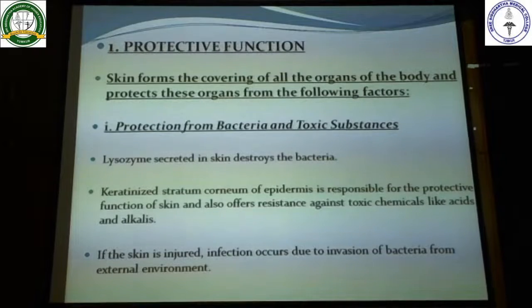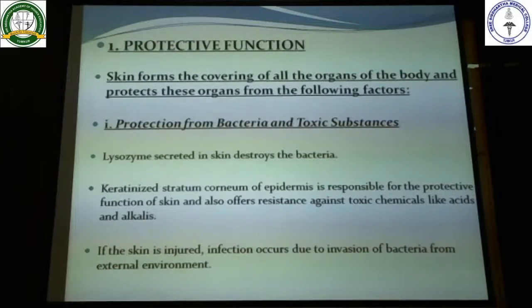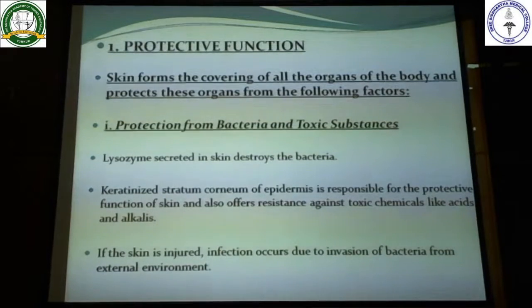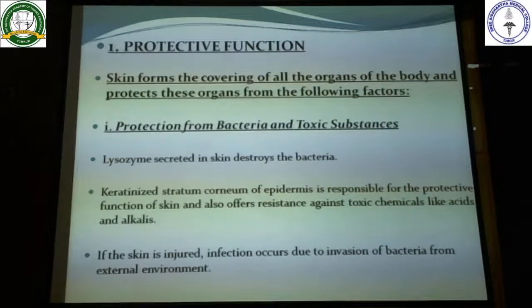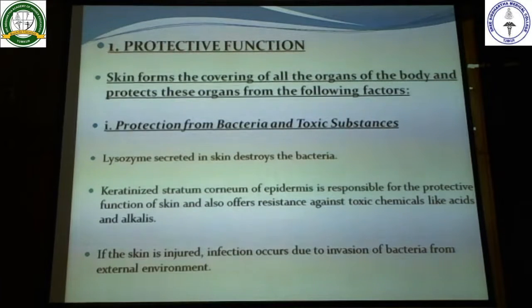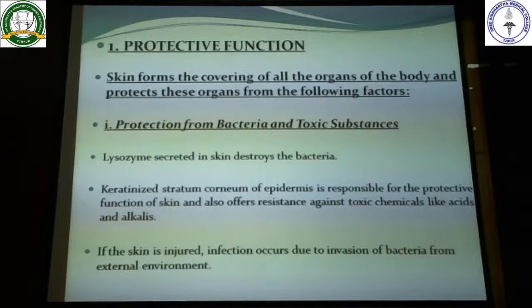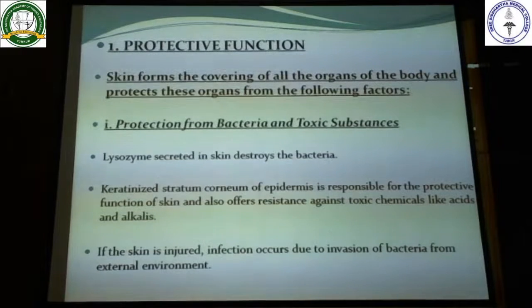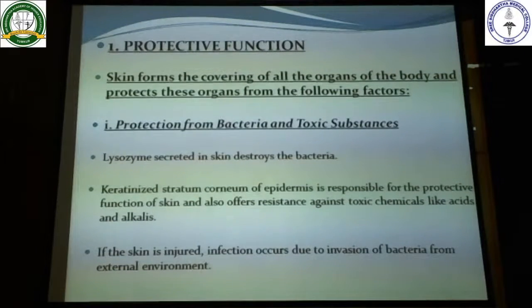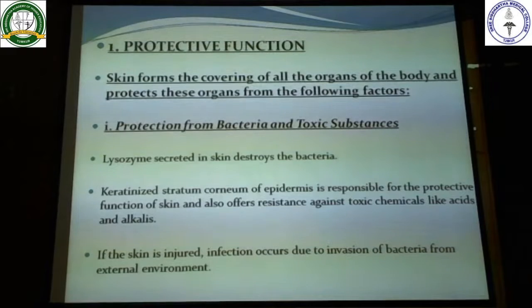Now coming to the first thing, that is protection from bacteria and toxic substances. How does this happen? From the skin lysosomes are secreted, and these lysosomes destroy the bacteria which come in contact with the skin.